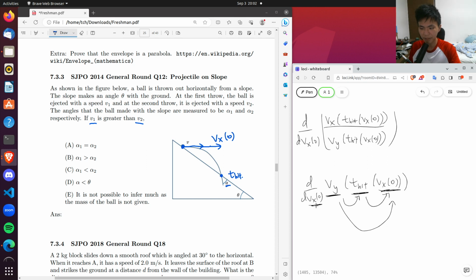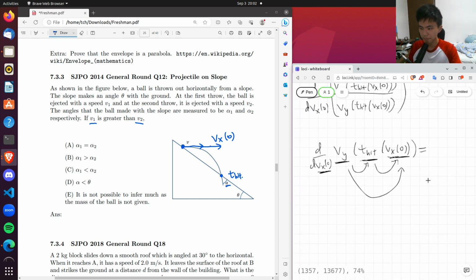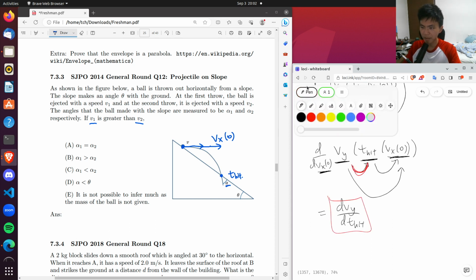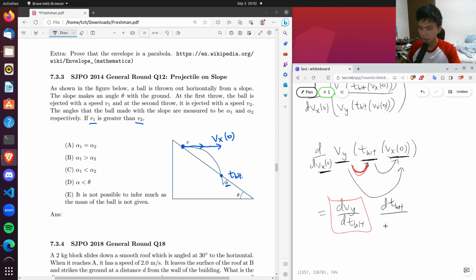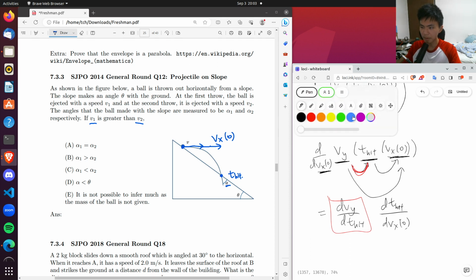If I differentiate with respect to this parameter, then this equals dvy over dt hit, this dependence over here, multiplied by dt hit over dvx naught, which is this dependence over here.